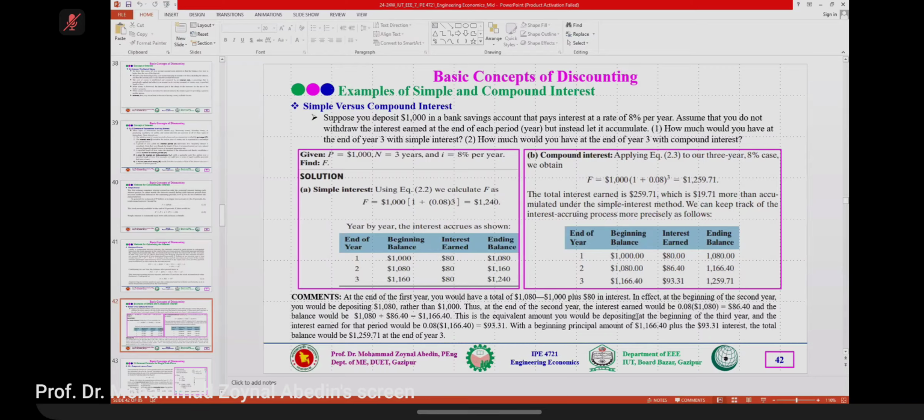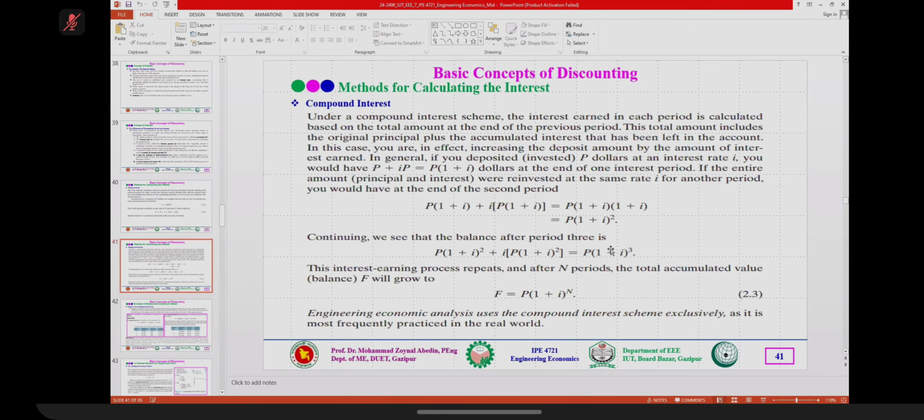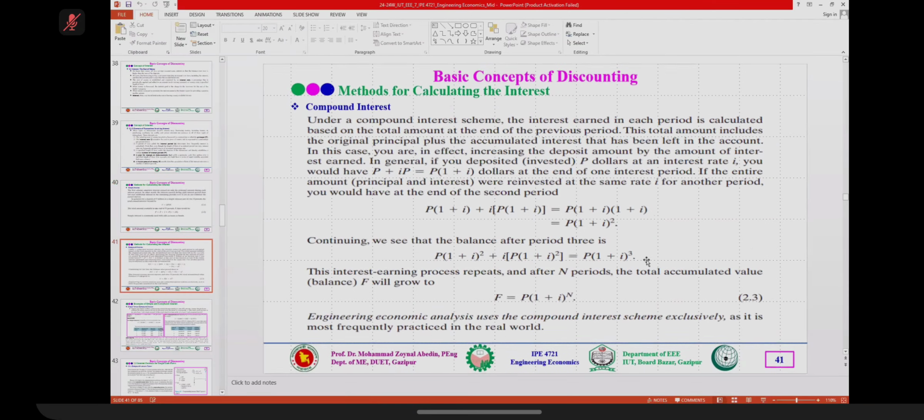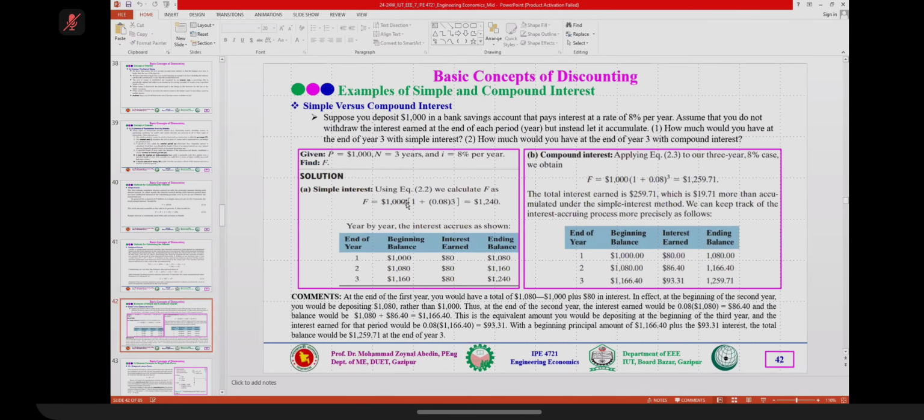Now we have the given P equal to $1,000, capital N, the total accumulated period, is 3 years, and the interest rate is 8% per year. We have to find the capital F. In the simple interest formula, using equation 2.2, we calculate F. Let's see the previous slide: 2.2 is capital F equal to P into (1 plus i into capital N).